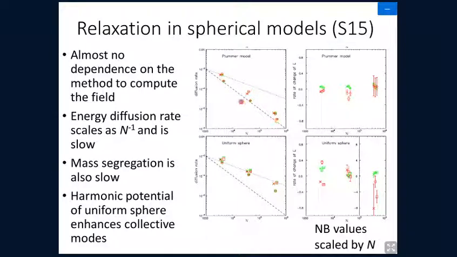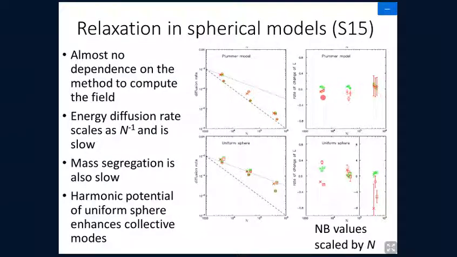There's a slight improvement in the field method, which I wasn't able to understand. But all 3 of them are following the same dependence, and there's a very small difference, about a factor of 3 between these methods in their ability to suppress relaxation.